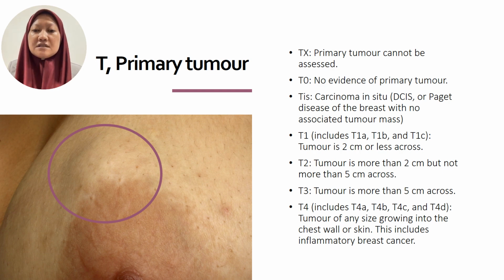T1 means the tumor is 2 cm or less across. T2, the tumor is more than 2 cm, but not more than 5 cm across. T3, the tumor is more than 5 cm across. Whereas T4, the tumor involves muscle or skin or surrounding tissue.